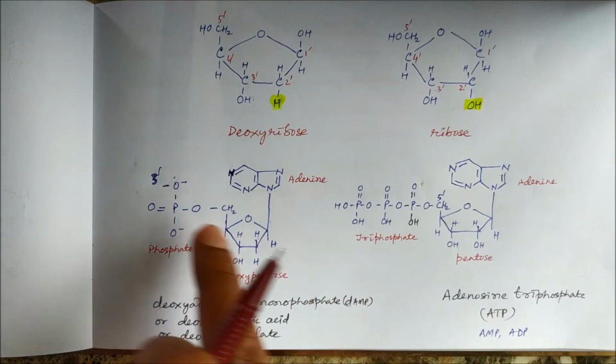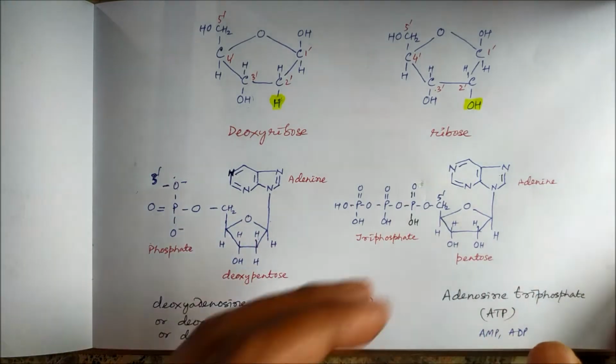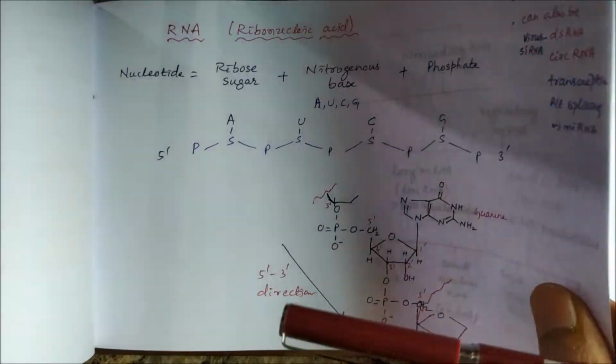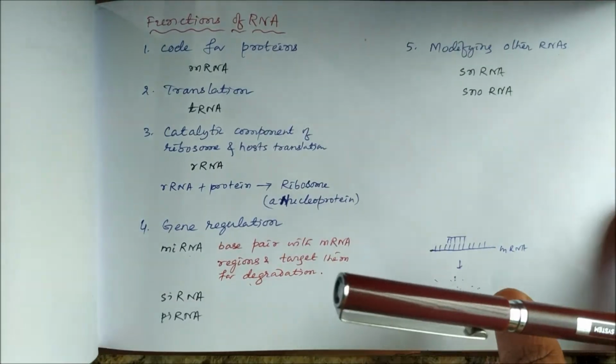So in this way we can have one 5' to 3' direction, and we can have another one from 3' to 5' direction.